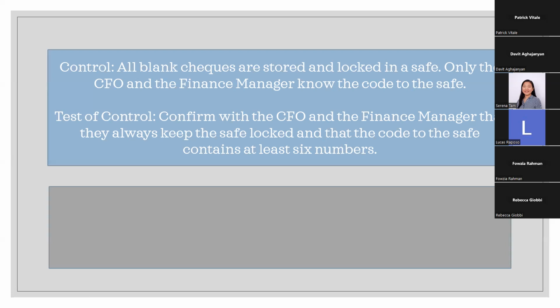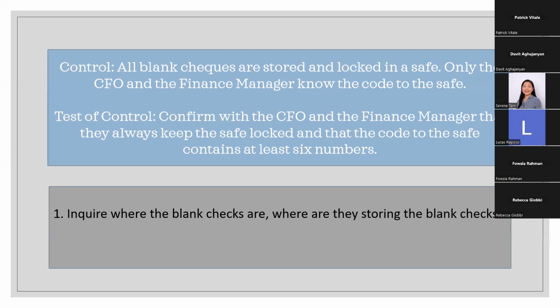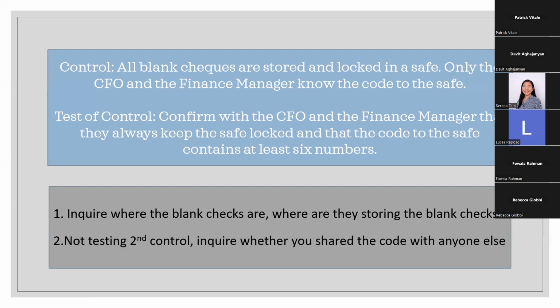Is there anyone else that has access to it? They're the CFO and the finance manager, so they should know. They're liable for monitoring all their internal processes, so they have to tell you the truth. Okay, are we good for that one? Yeah. So inquire where the blank checks are. Where are they storing the blank checks? Number 2, not testing the second control. Inquire whether they share the code with anyone else.